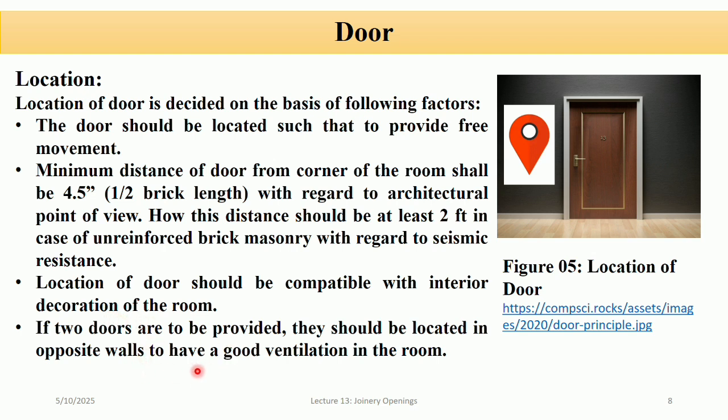This promotes natural airflow, improving indoor air quality and thermal comfort. The location of doors should harmonize architectural principles, structural safety, and interior design. In seismic areas or traditional brick masonry structures, additional precaution must be taken to ensure durability and occupant safety.